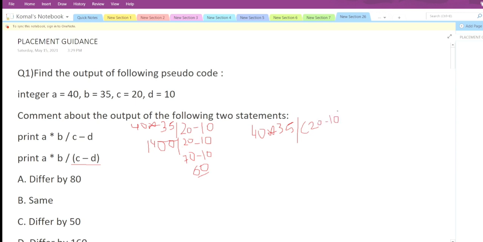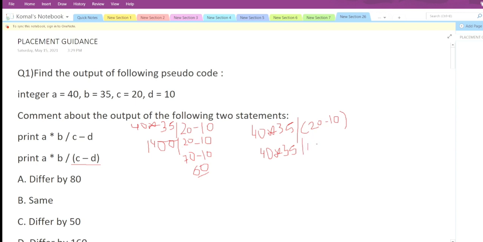We know the precedence of brackets is higher than multiply and divide, so first we will solve the bracket. You have to copy the rest as it is: 40 into 35 divided by, now 20 minus 10 will be 10.